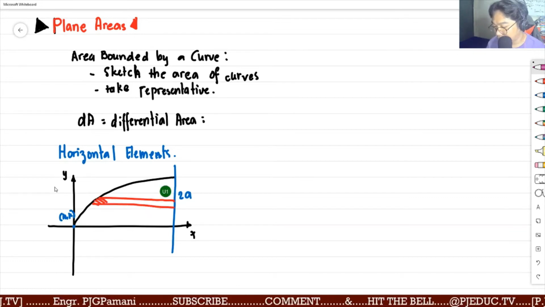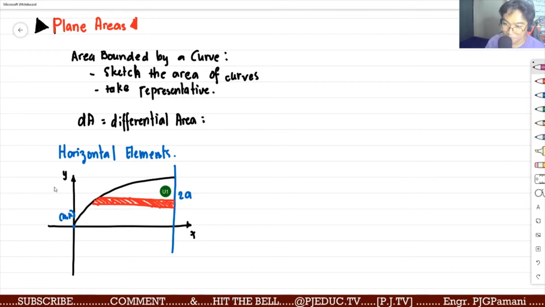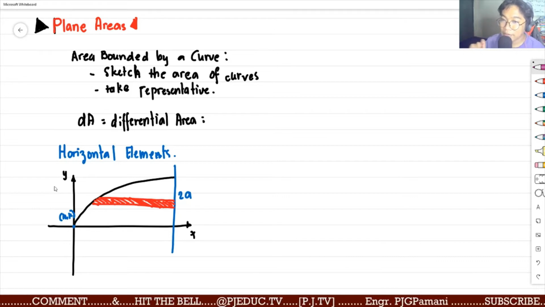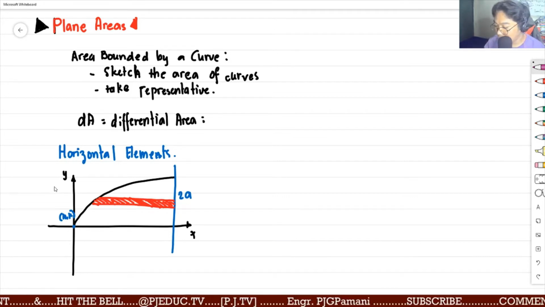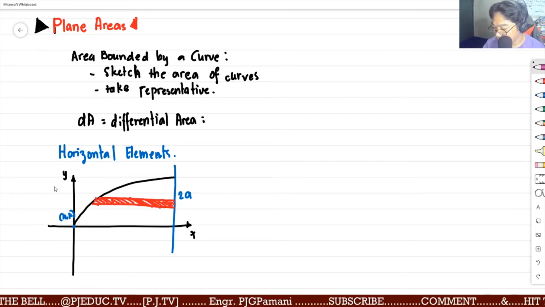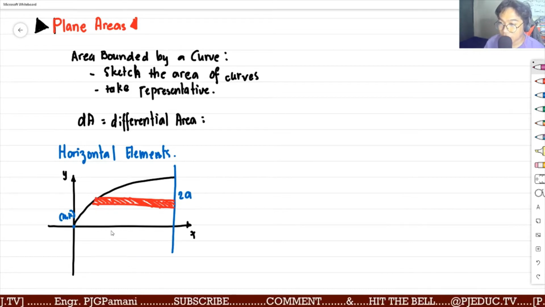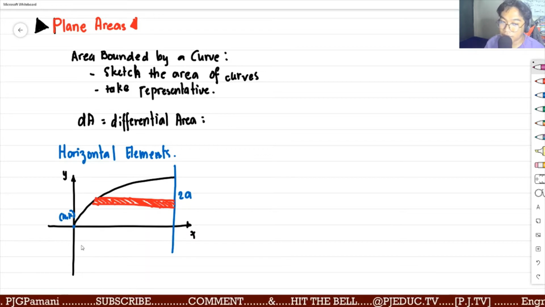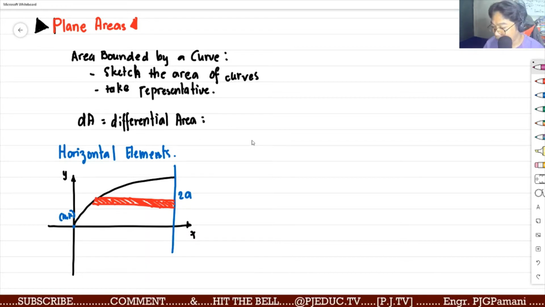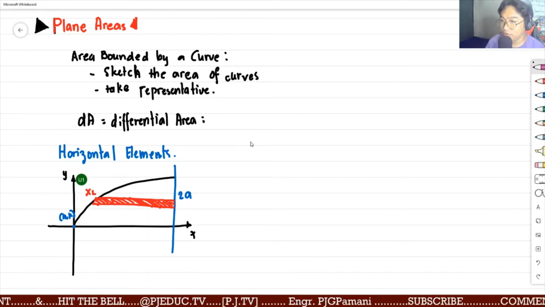Halimbawa, ito yung ating representative element strip. Sa element strip na yan, the side touching the curve or the equation which represents the curve, let us consider that as x left.